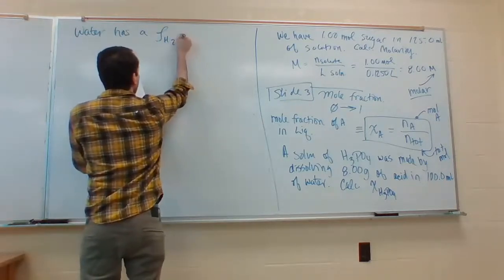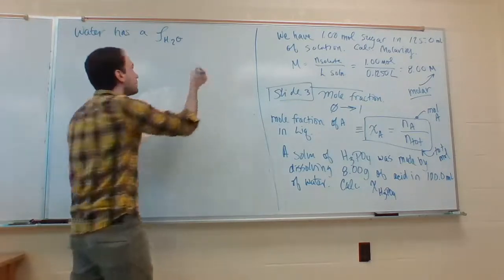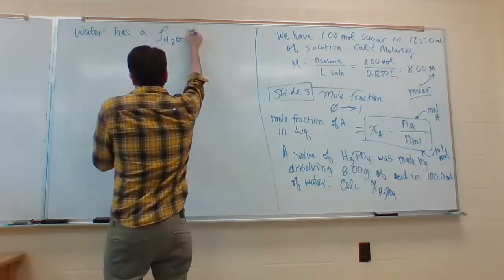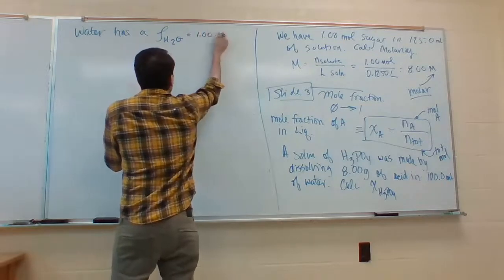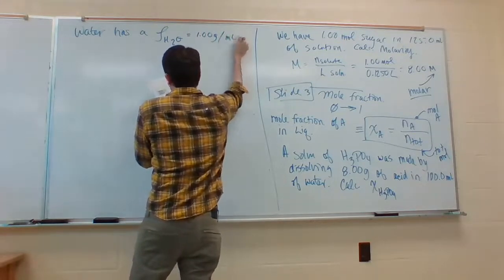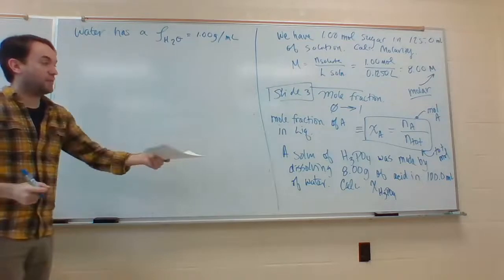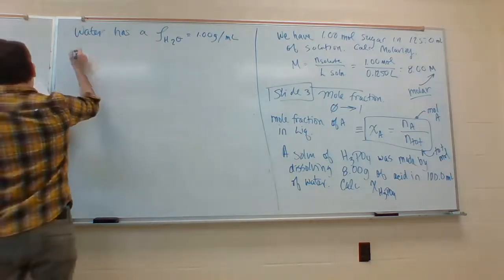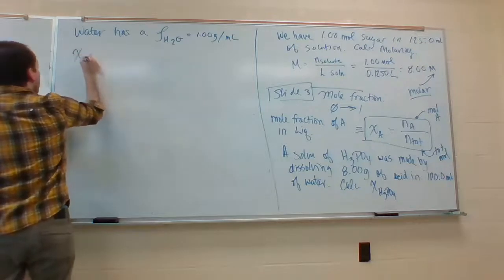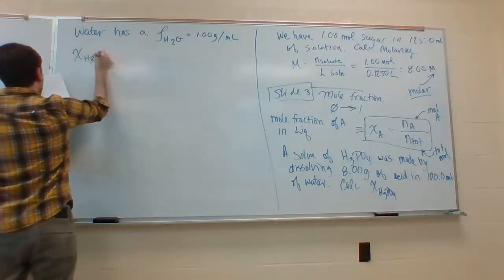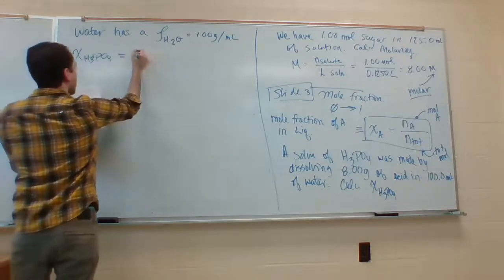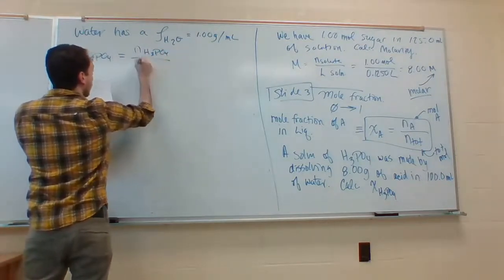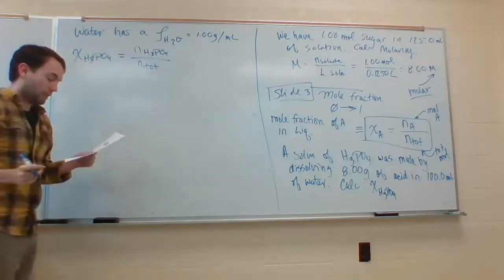So our density of water, sometimes people put D, okay? I use a little rho, it kind of looks like P, has a density of water that's equal to 1.00 grams per milliliter, okay, at that particular temperature, okay? Now, we know that we want to find our mole fraction of H3PO4, which is going to be equal to our moles of H3PO4 over our moles total, okay?